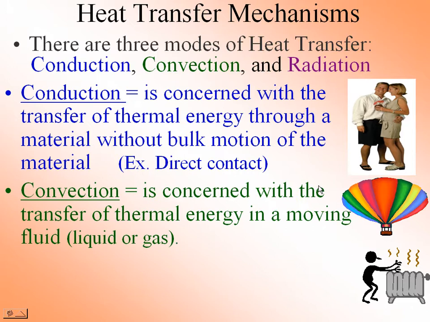Convection is concerned with the transfer of thermal energy in a moving fluid, such as a liquid or a gas. Hot air balloons will move around through the air using convection currents from the sun. The sun heats up the air and moves the air through the environment.